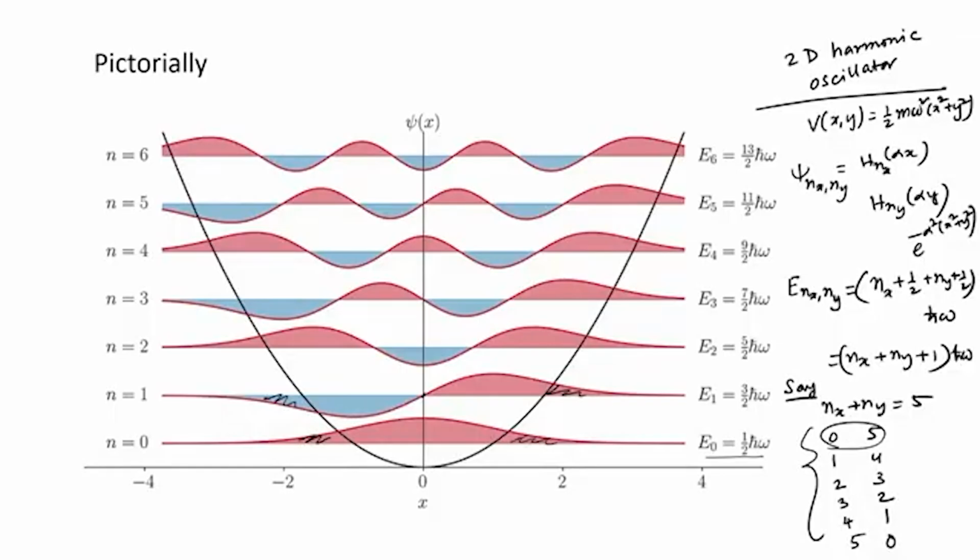However, their eigenfunctions are not identical, in fact they would be orthogonal to each other. So, each of these choices like nx equal to 0, ny equal to 5 will be orthogonal to nx equal to 1 and ny equal to 4 and so on. So, this degeneracy is an important thing, and this is going to be discussed even for the hydrogen atom.